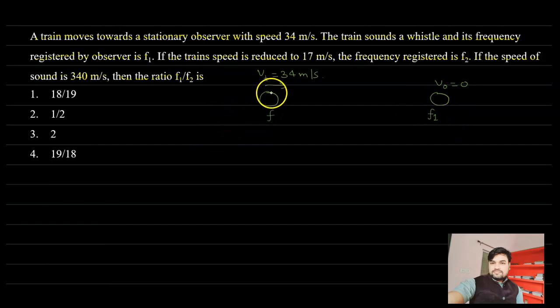In second situation, the velocity of this train becomes 17 meter per second, and frequency is again the same f, and the frequency now observed by observer is f2. So we have to find the ratio of f1 by f2.